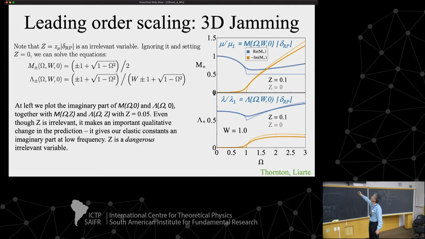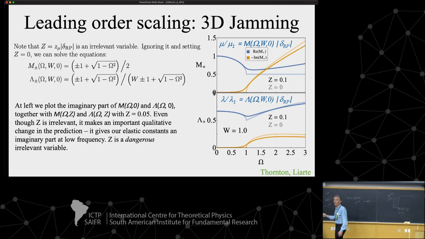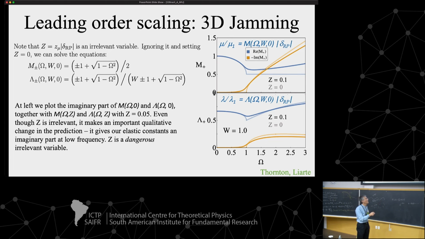He would get closer and closer to the transition, and it was really hard numerics, and it drove him crazy, but this kept getting smaller. So we knew that Danilo was correct to leading order in some sense, but this cusp wasn't just a regular correction to scaling. It was a dangerous irrelevant variable. So we were motivated to keep going.